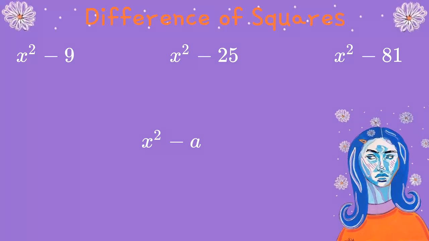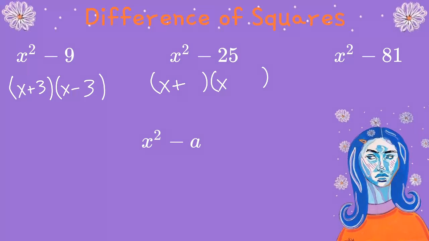So when we factor a difference of squares, it's pretty nice. We just always have, well, not always, but if this is x squared, we just have x and x. And then we have a positive and a negative, always. And then the square root of 9 is 3. For the next one, x times x is x squared.